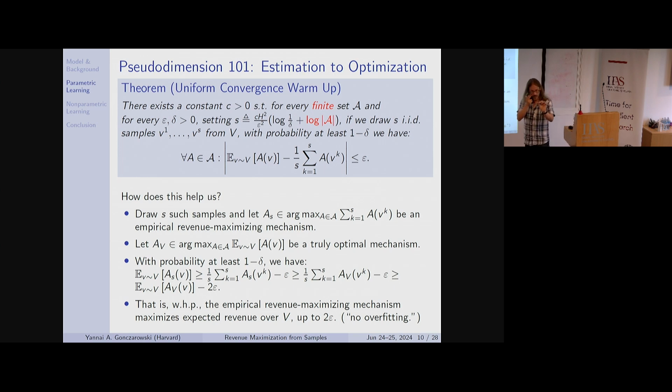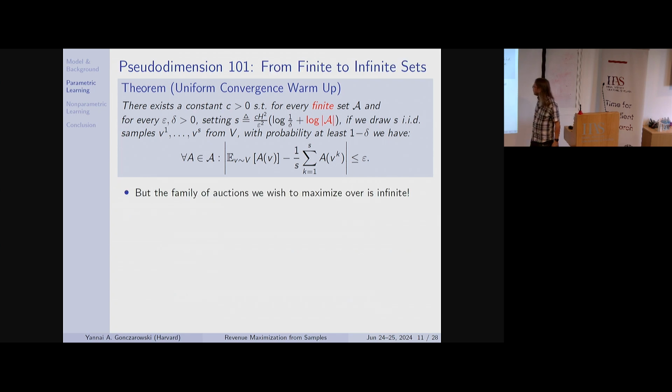So this is the log of the size of A, but in real life we want to optimize over a continuum set of auctions, of prices, of whatever. And here we appeal to learning theory, which tells us that some well-structured sets behave in this sense as if they are finite.